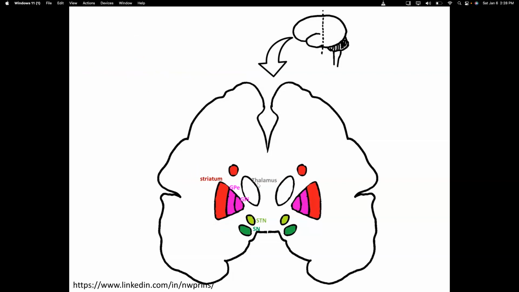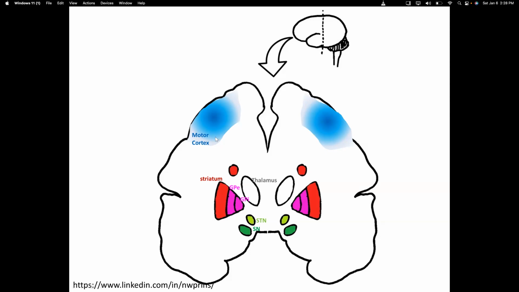We have the thalamus over here, which is the relay of this whole movement pathway. Think of it as the gate that activates the motor cortex. So the basal ganglia receives input from the motor cortex, processes it, and gives the output to the thalamus, which in turn will activate or deactivate the motor cortex.